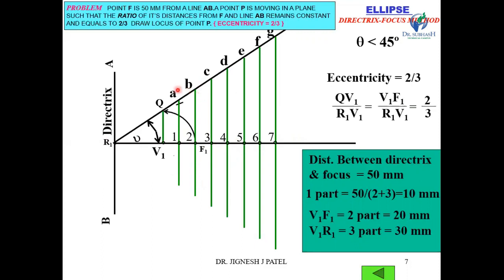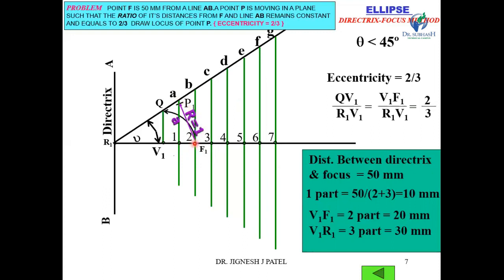The intersection points of these vertical lines are A, B, C, D, E, F, G. Important: every time the center remains constant, F1. Now with 1A as radius and center F1, draw an arc on this line. This point is P1.